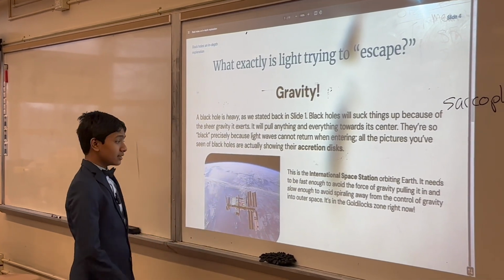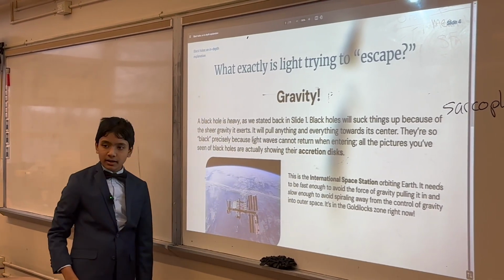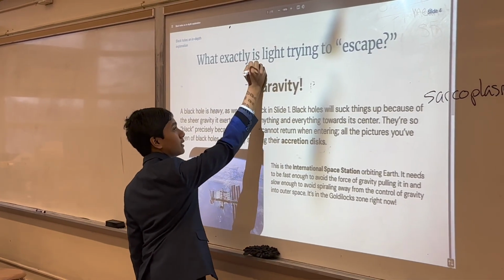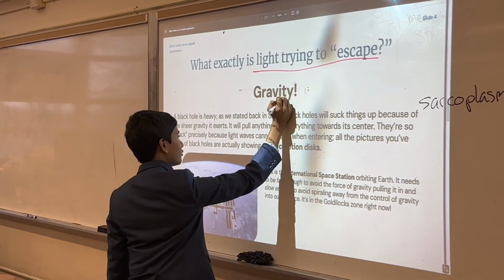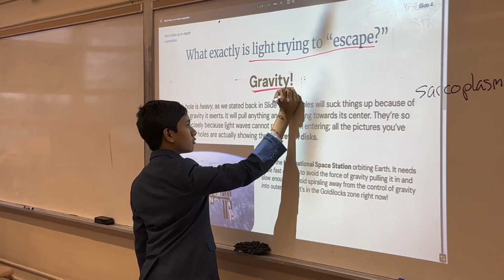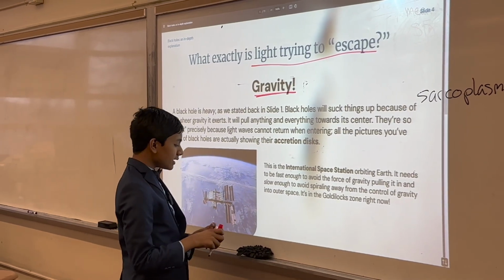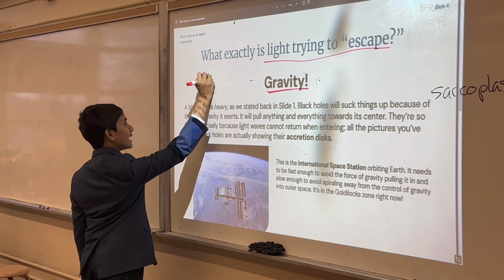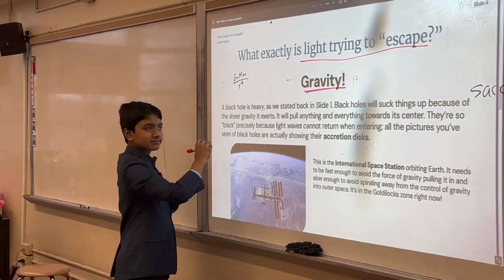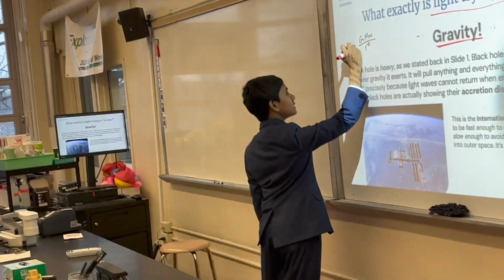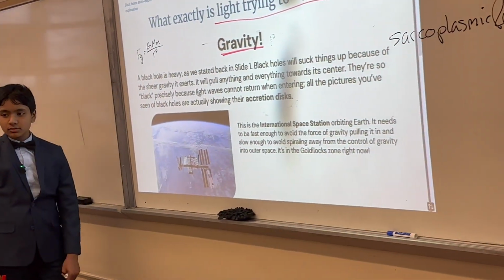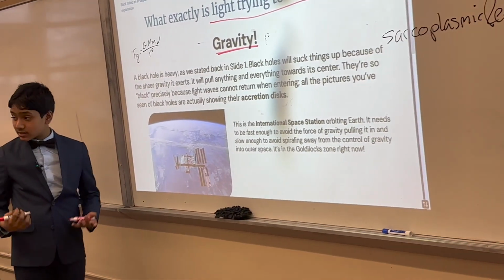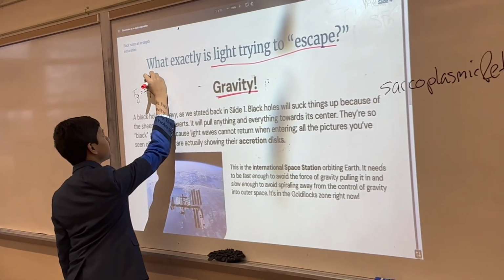Originally, we said it's a region of space-time that's so heavy, not even light can escape. But what is light trying to escape? Gravity. Now, you will probably recall that I said that the force of gravity is equal to G m m over r squared, which means that it's proportional to the mass of the object being sucked in.